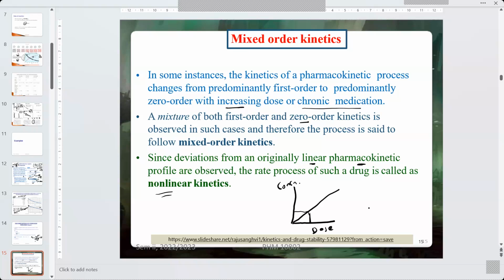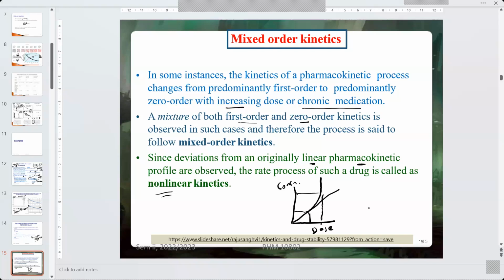For some drugs, like these that follow a mixture of first order and zero order, they usually follow non-linear pharmacokinetics, meaning that at a certain stage, there will be a more than expected increase in concentration with increasing the dose. It means that at a certain stage, maybe you double the dose, but you get 3 times the concentration.